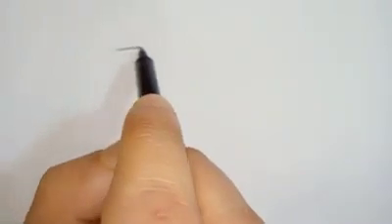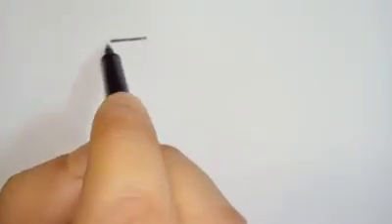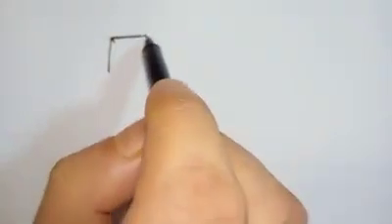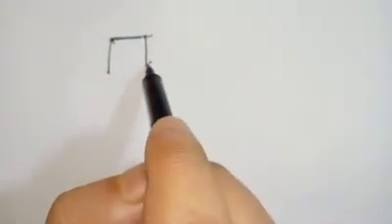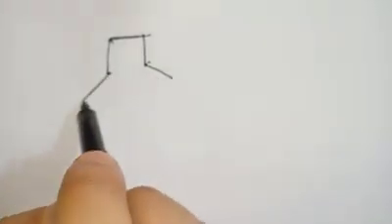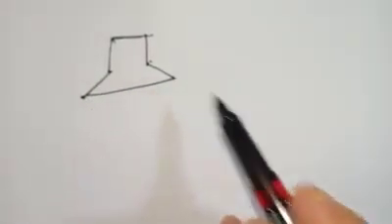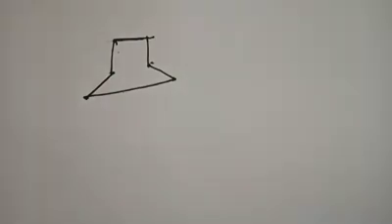Here again, let us draw a pentagon of 5 sides, right? So here I am drawing a pentagon which looks something like this. We have this one and this one, 2, 3, 4 and 5. So this is some kind of a pentagon.